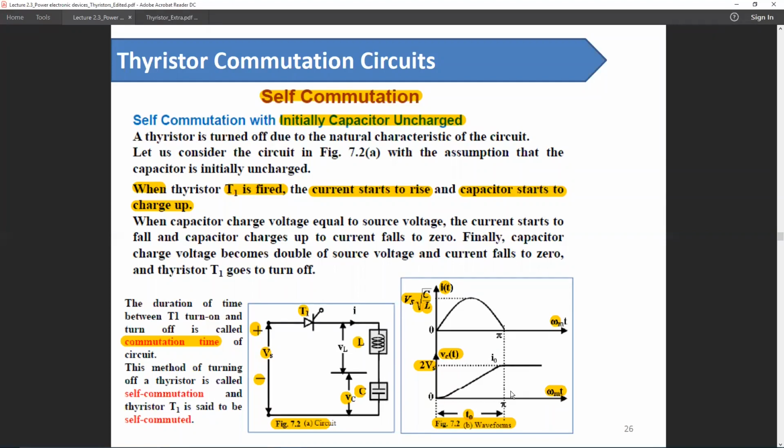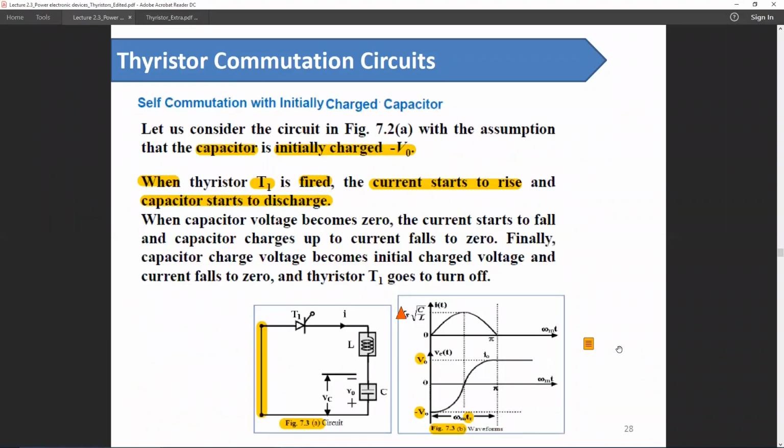So in an ideal case, the capacitor voltage will rise to twice as much as Vs. So no matter what the initial condition of the capacitor, in this case, this capacitor is initially charged in this direction. So if we provide a voltage that creates a current in this direction, the polarity of the capacitor will be reversed, but the overall result will be twice the amount of input voltage.